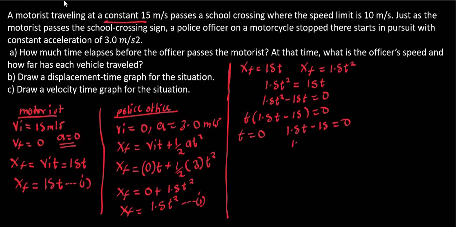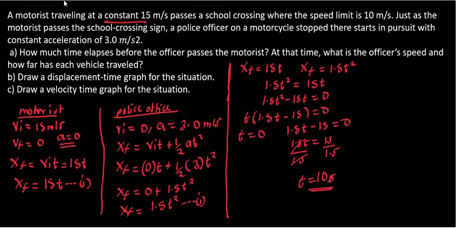So 1.5 t equals 15. Dividing by 1.5, 15 divided by 1.5 is 10 seconds. So this means the police officer managed to catch the motorist at 10 seconds.